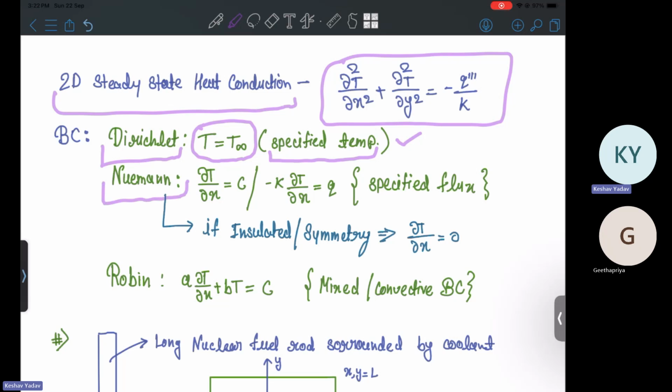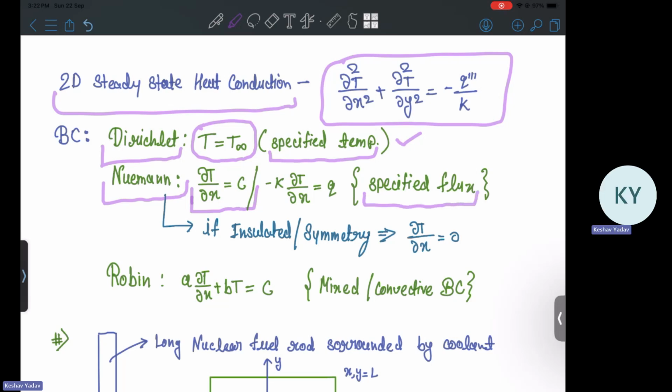In the Neumann type, we know the derivative or the gradient at the boundary. This can also be said as specified flux, since from Fourier law of heat conduction in the x direction, the heat flux will be equal to minus k del T upon del x.